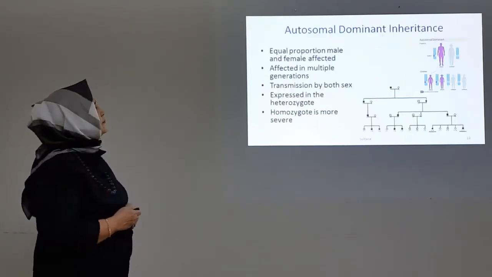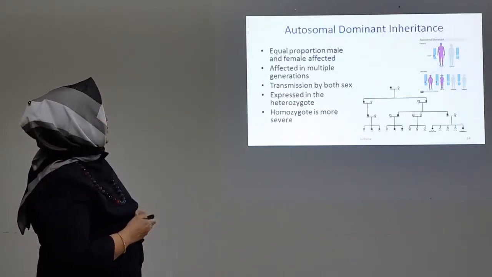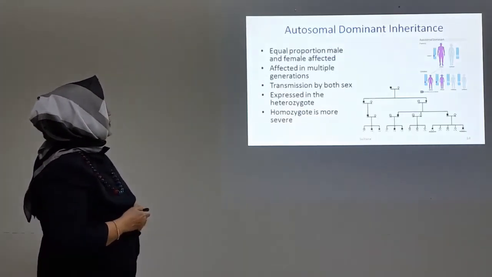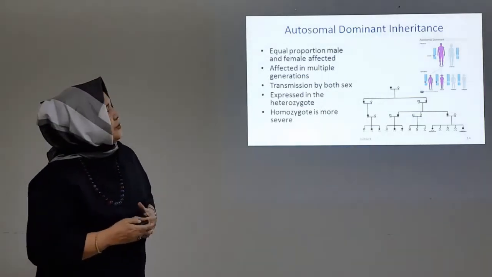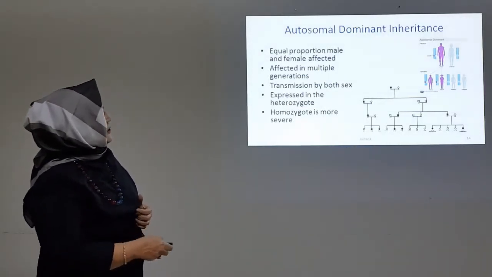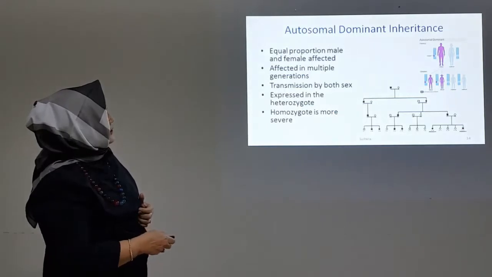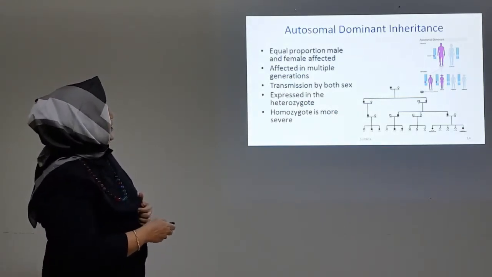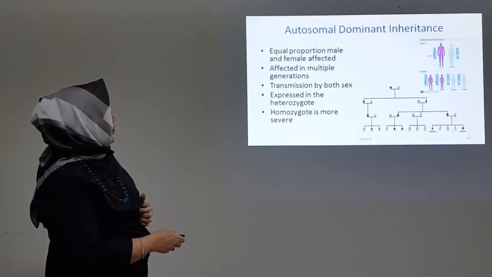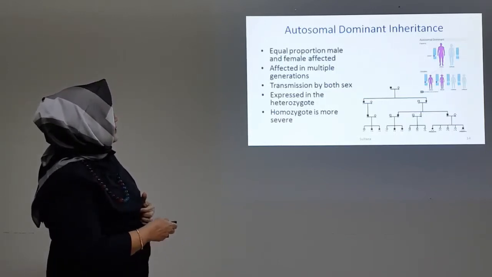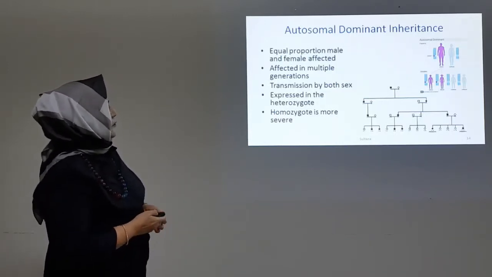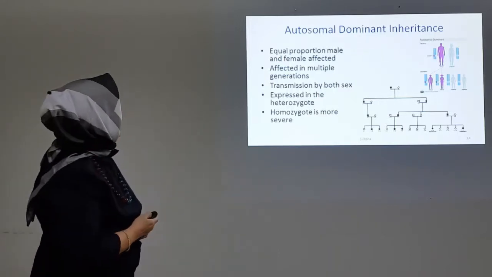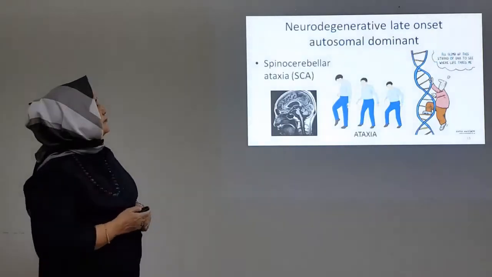This is the autosomal dominant. The difference between autosomal dominant and autosomal recessive: in this pedigree, you see that there are multiple generations. So in every generation, they have affected members. Look at this here. Male or female can be affected. Next one.